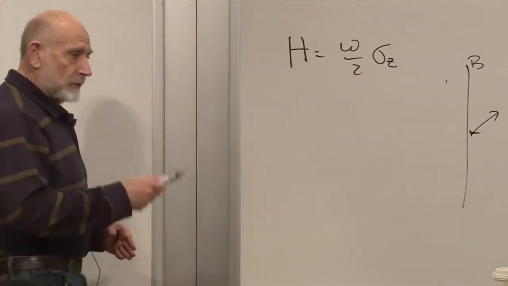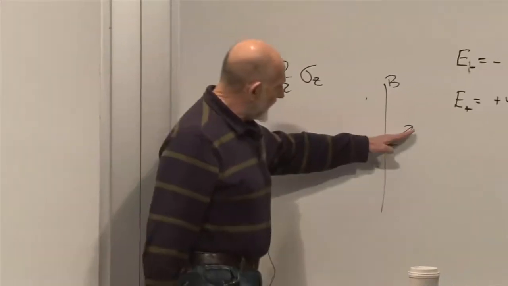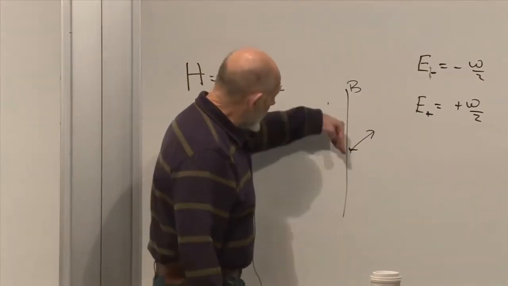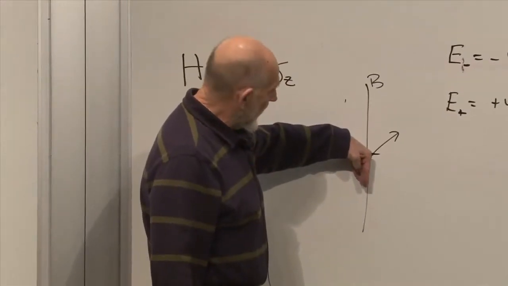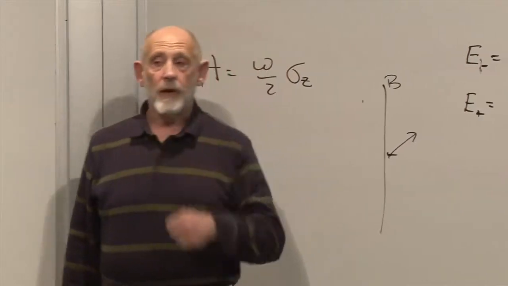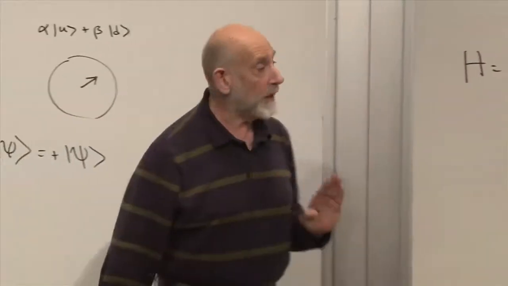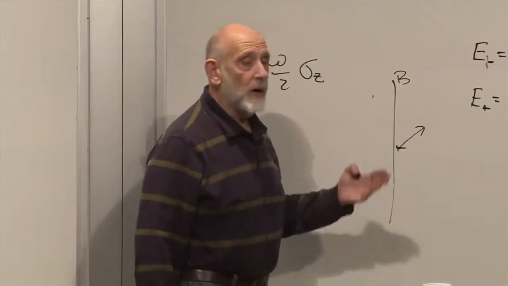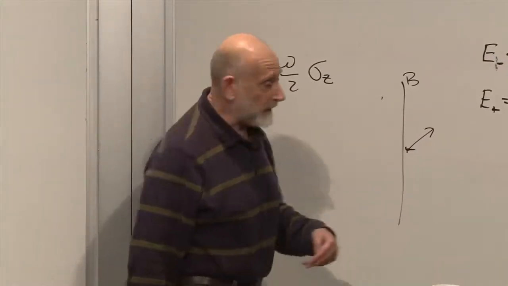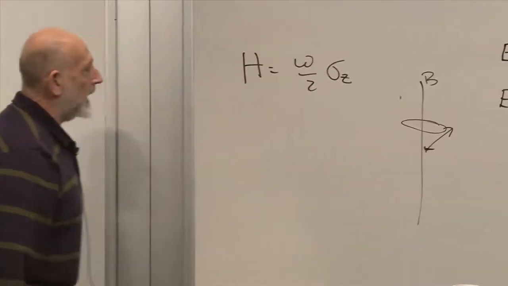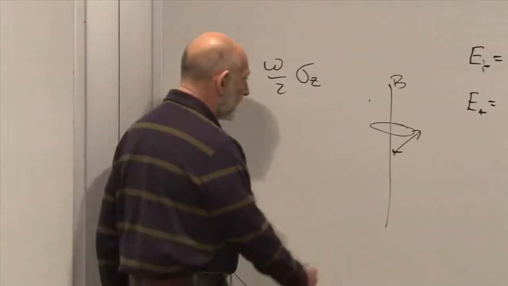The energy of that rotating object would depend on the orientation of the spin relative to the magnetic field. The energy would be minimum down, and it would gradually increase until it were up. All right, that's number one. Number two, classically the actual value, quantum mechanically the expectation value of the spin precesses around the B-axis with frequency omega.